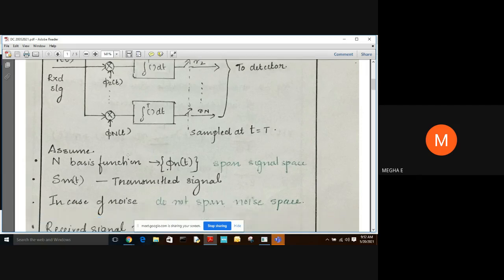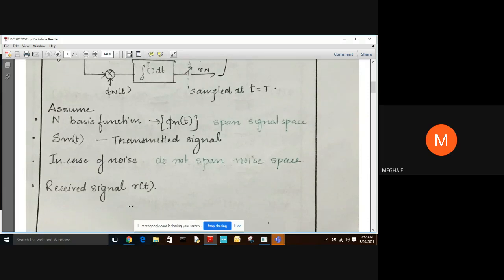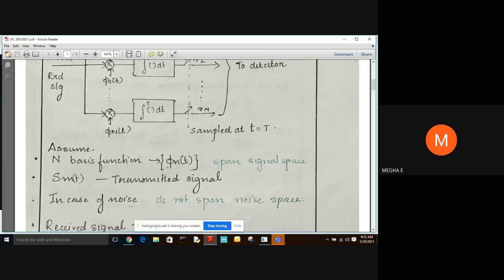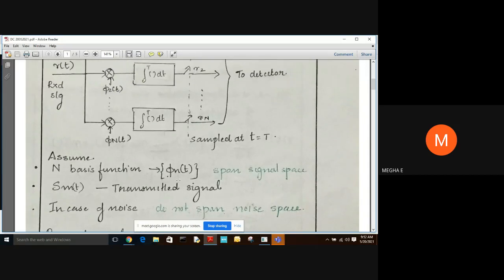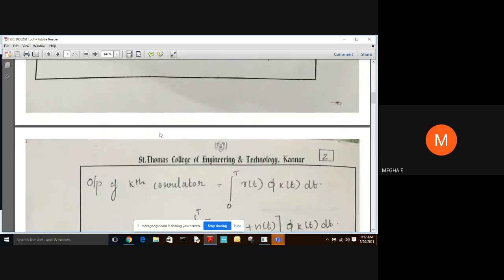In case of noise, it does not span the noise space, and the received signal R of t is passed through n cross correlators, that is, a modulator followed by an integrator. Now we'll consider the kth correlator.